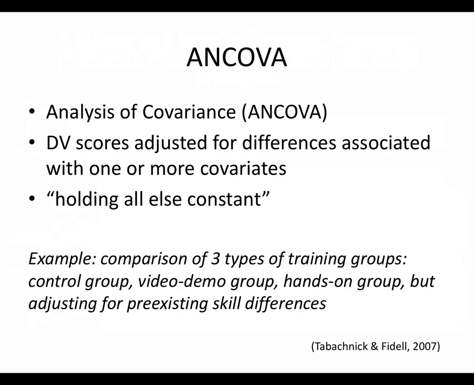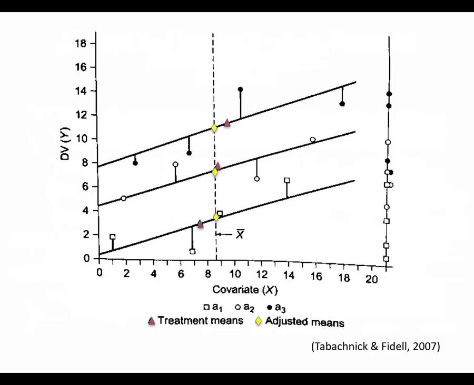So I'm going to show you a few plots of how it works, like with a regression graph. Don't feel like you need to know how to calculate this, I just want to illustrate what we're doing here. This is the DV, the outcome variable that we're interested in, like the post-treatment anxiety scores.